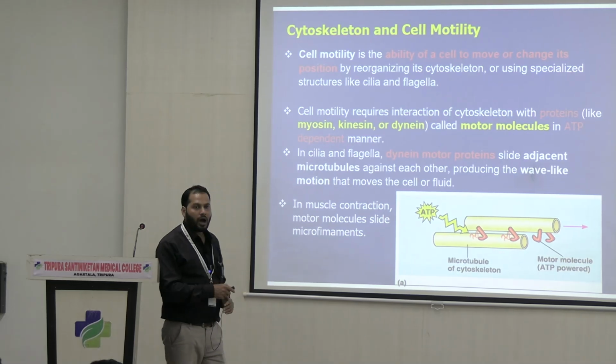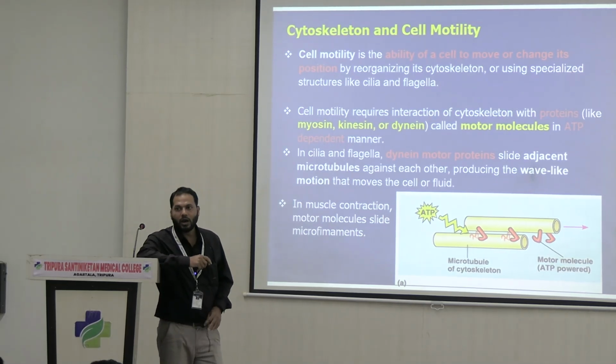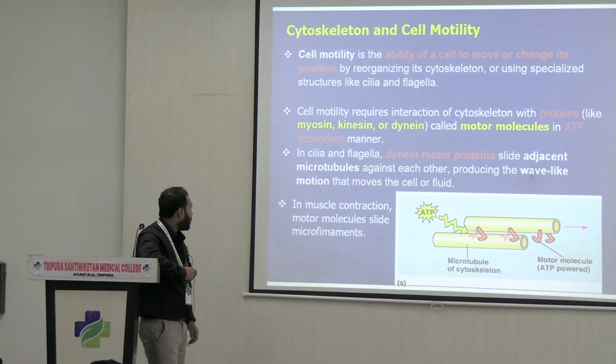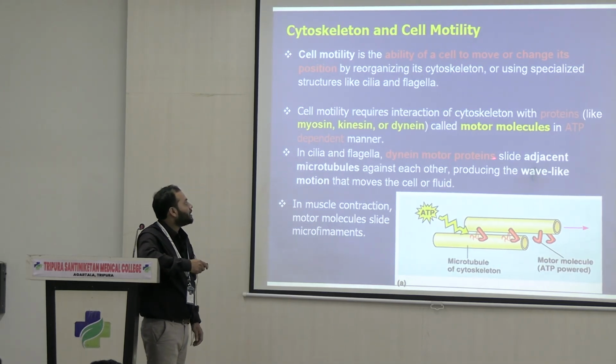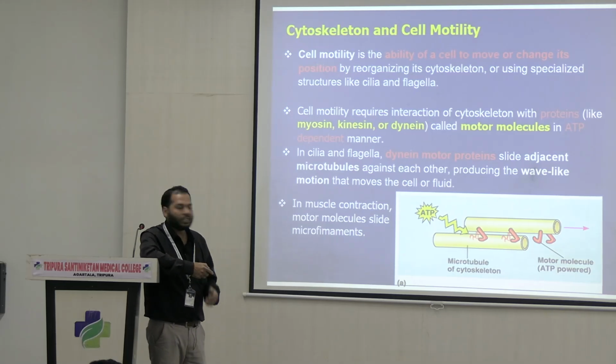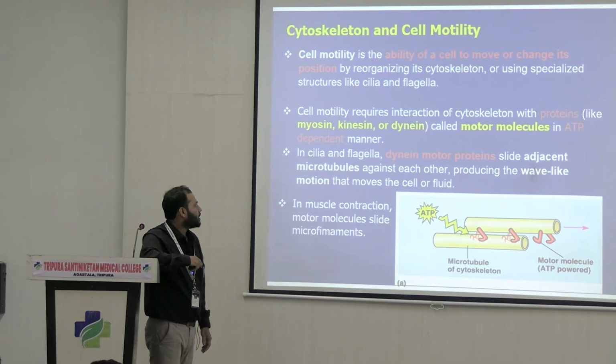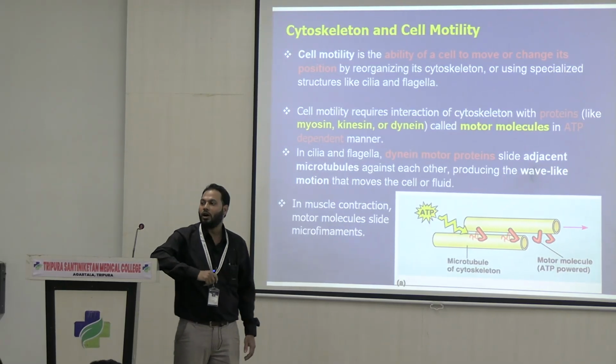During this motility, flagellar or ciliary movement, what we can see is a sliding of the adjacent microtubules against each other that produces a wave-like motion that moves the cell or fluid.